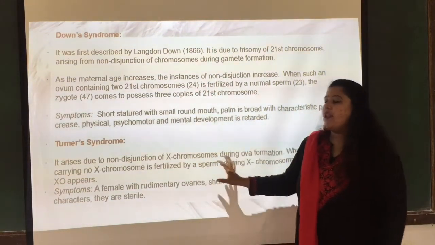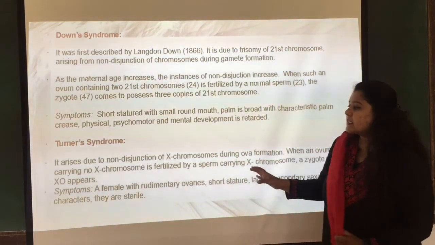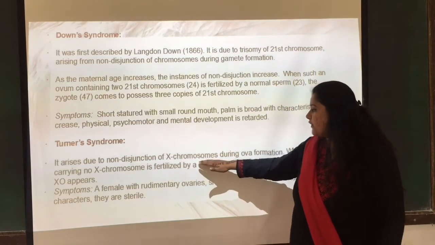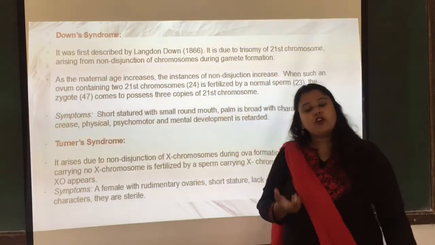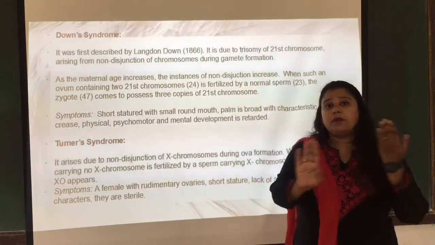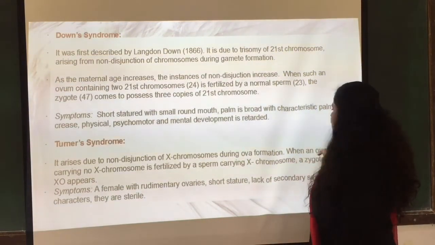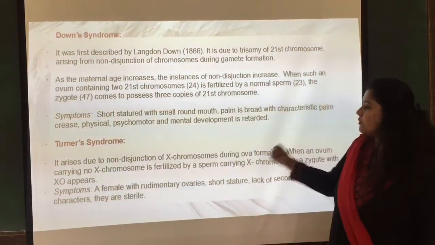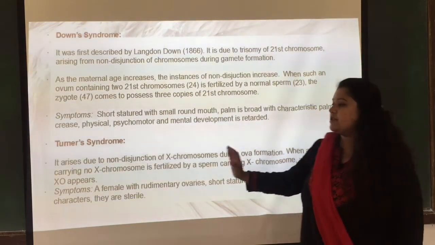The third and the last type of this syndrome is Turner syndrome. A particular non-disjunction. That means the separation is not taking place of what? X chromosome. When an ovum carrying no X chromosome is fertilized by a sperm carrying X chromosome, a zygote with XO appears.